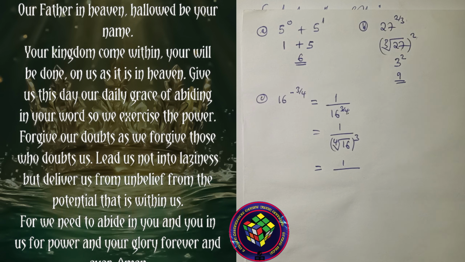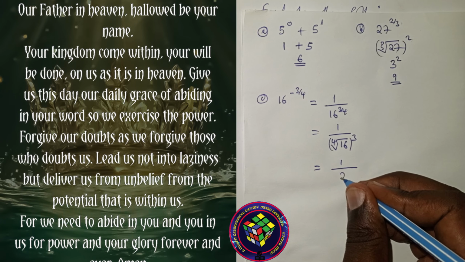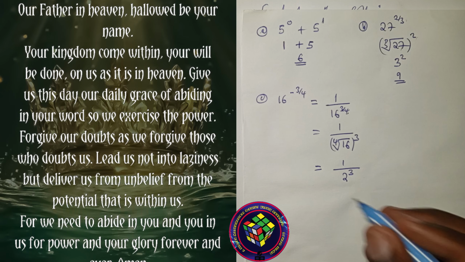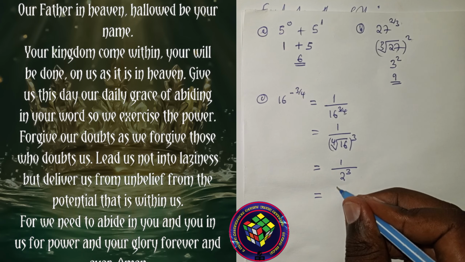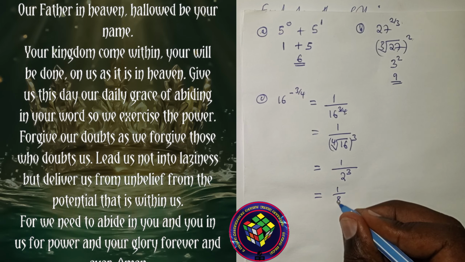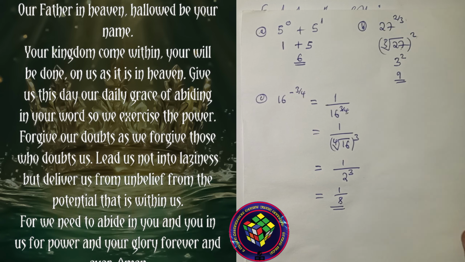That is the number you can multiply 4 times to get 16. So 4th root of 16 is 2. So we are going to have 2 to the power 3. So this is equal to 1 over, what is 2 to the power 3? That is 2 times 2 times 2. You get 8. So we have 1 over 8.